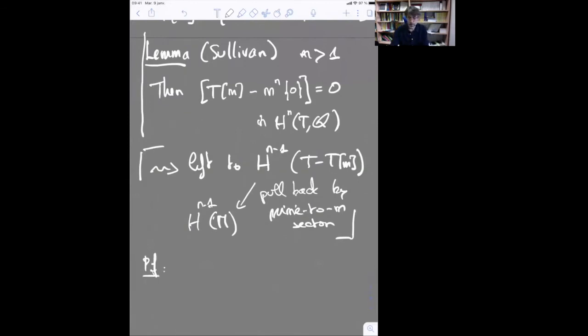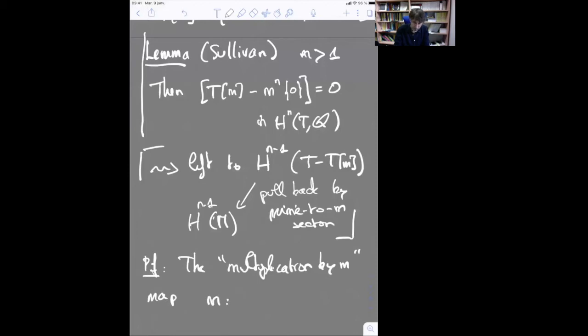In the proof, again, the only thing you consider are the fibers, and we'll consider the multiplication by m map.